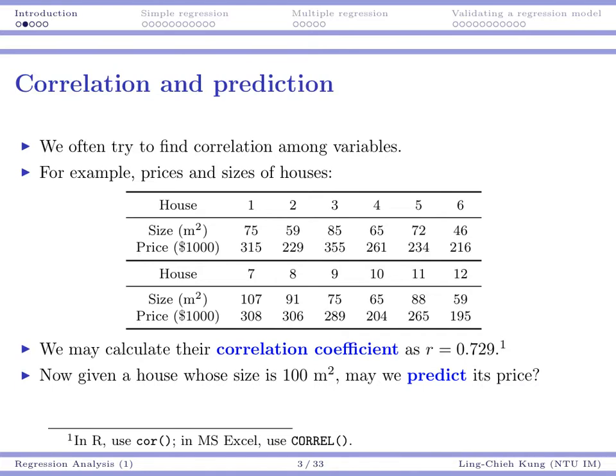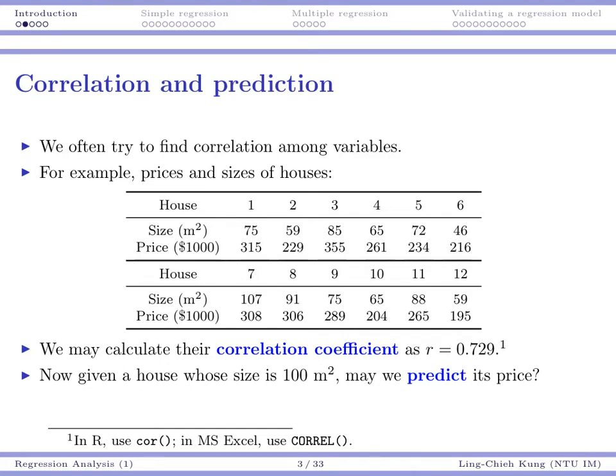Now, here we have the first question. Suppose now I have a new house, or I collect the new information about a house, and I know that the size is 100 square meters. If that's the case, how may we somewhat predict its price?